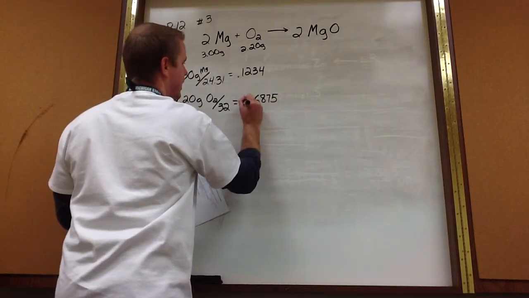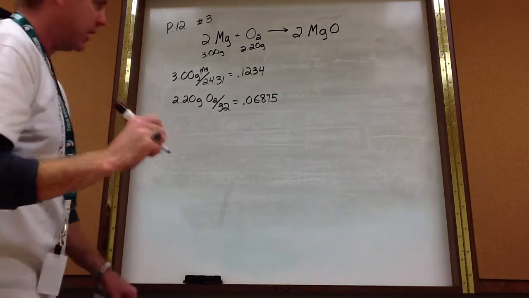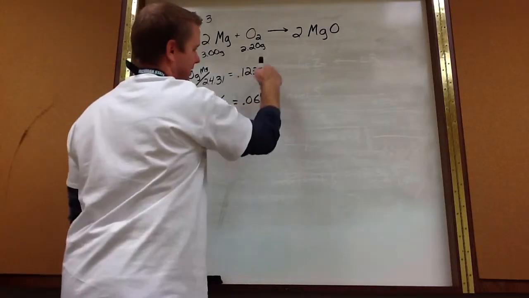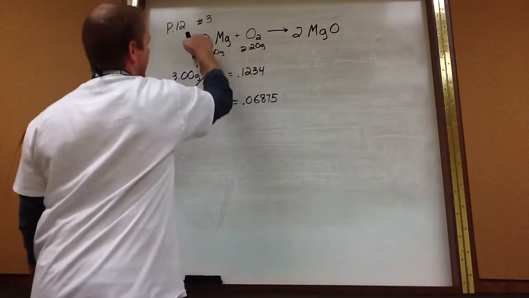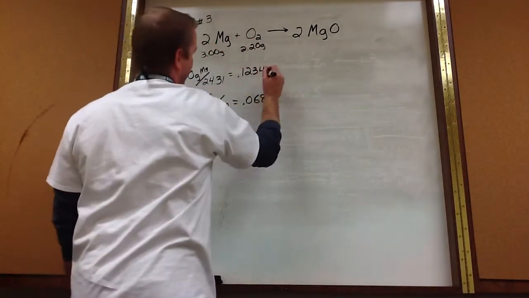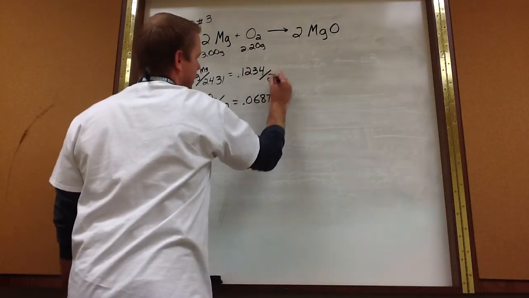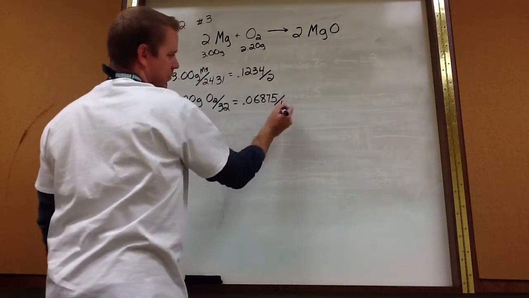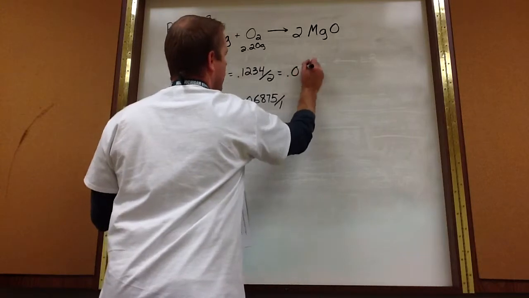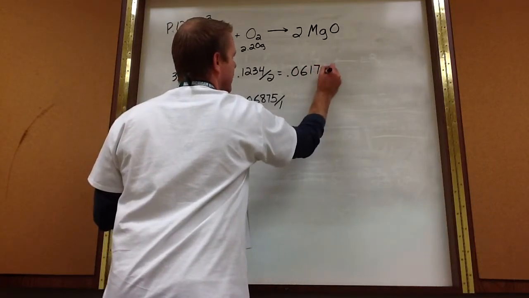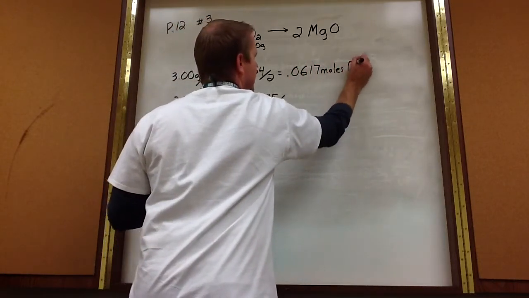Now, you might be inclined to right away say, oh, it's easy, Mr. Gerber, that one's the bigger one, it's the excess. But here's the problem. We have one of these for every 2 of these, and so we got to account for that. We're going to go through twice as much of this as we are this. We can divide this one by 1, but we got to divide that one by 2. When we do that, we get 0.0617 moles of Mg.